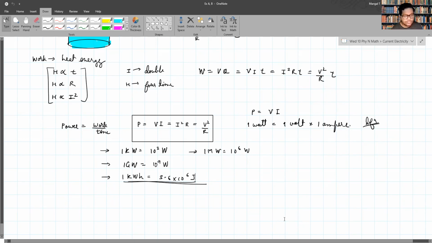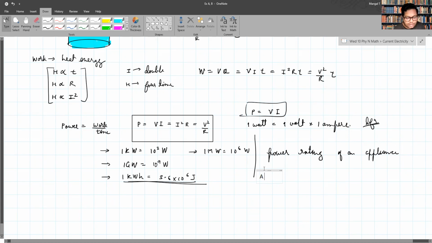Also with this relation, we have something called the power rating of an appliance. Generally you will notice that the information of the appliance is given like this. There is an oven which is rated 1200 watt, 220 volt.